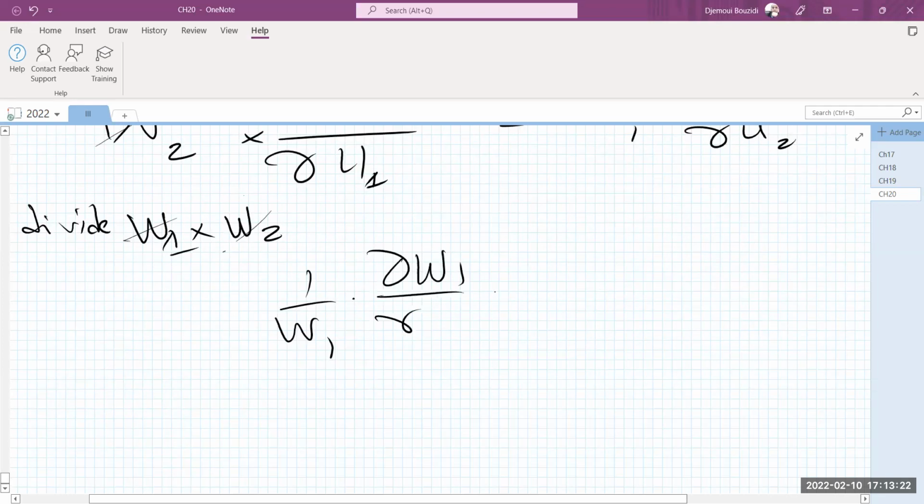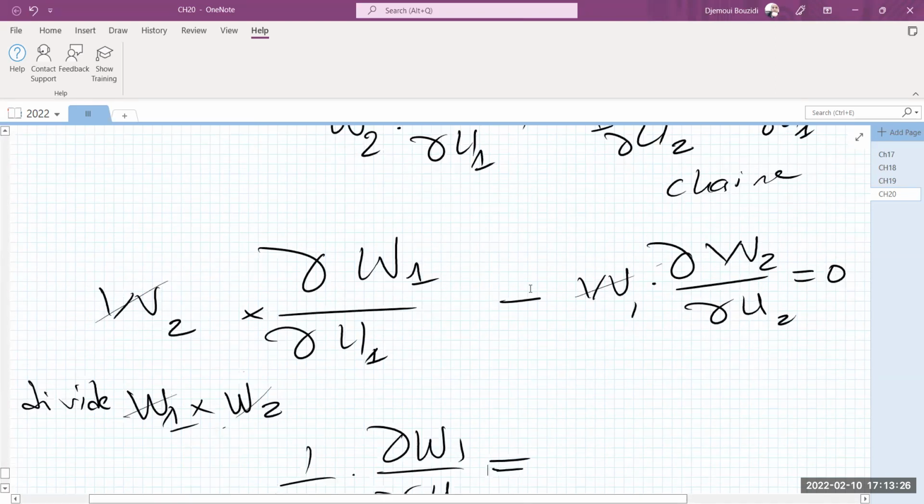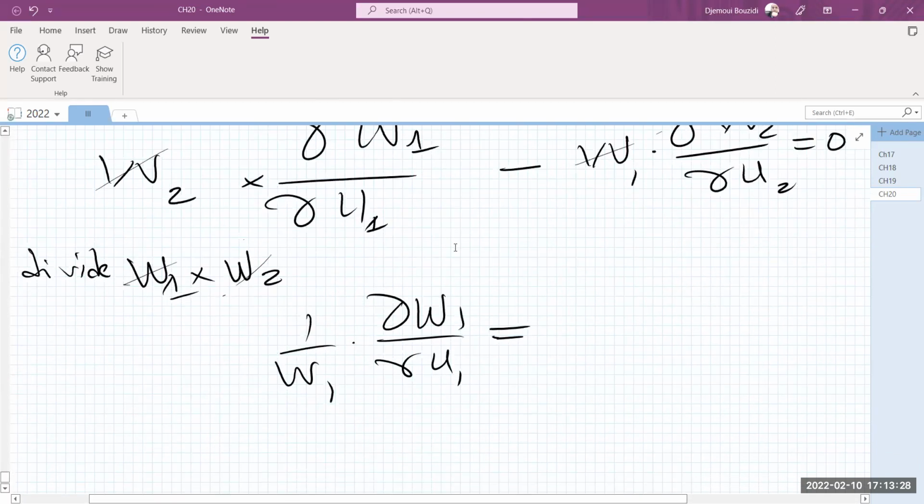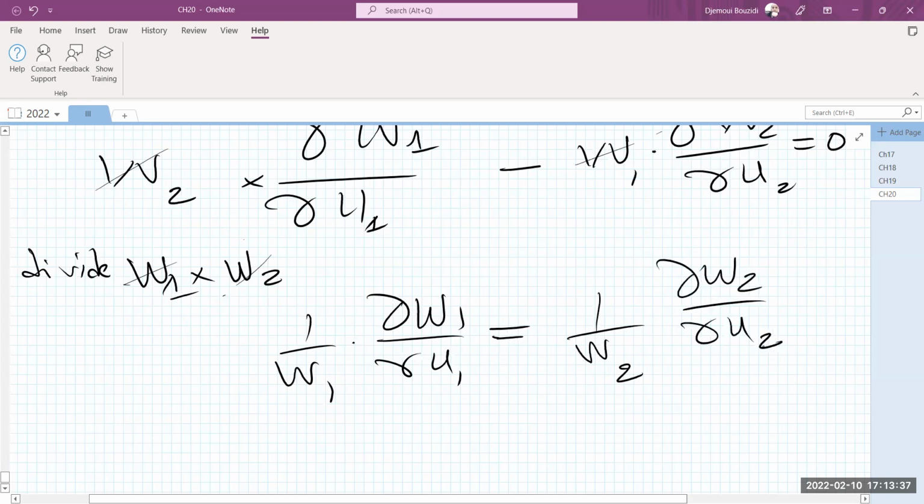The derivative of W1 with respect to U1 is equal to, I moved it to the other side, so it becomes equal to, I will be left with 1 over W1, 1 over W2, I'm sorry, because the W1 cancels, the derivative of W2 with respect to U2.